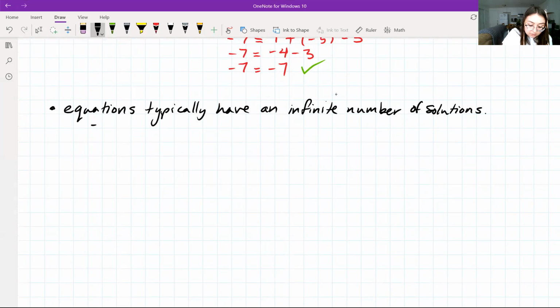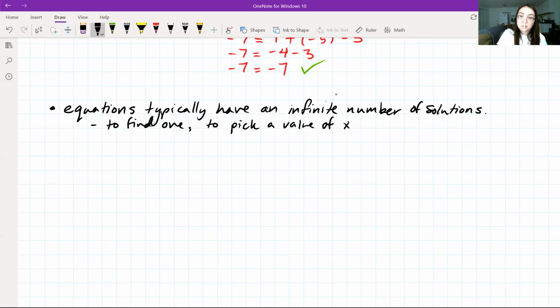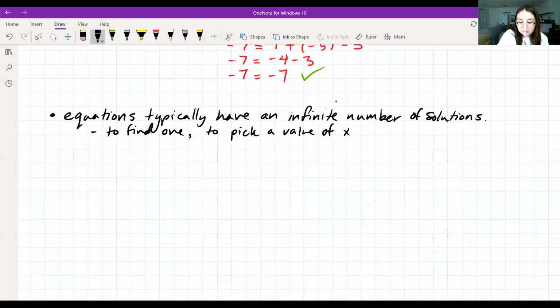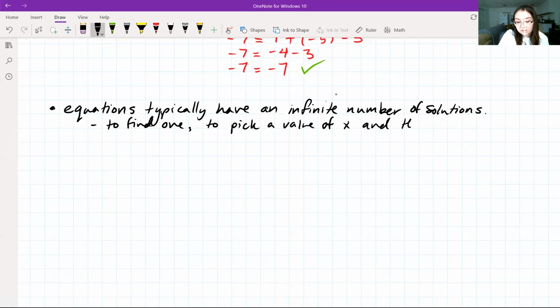So in order to find one, the easiest way would be to pick a value of x. So you can pick any number for x, and then compute y from your given equation.